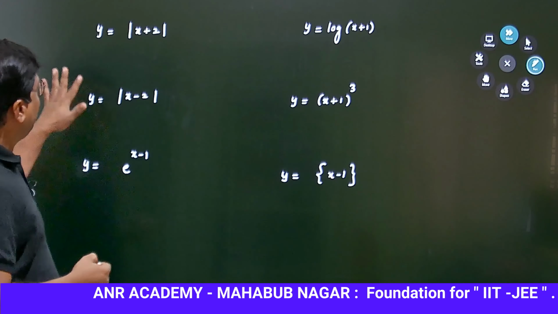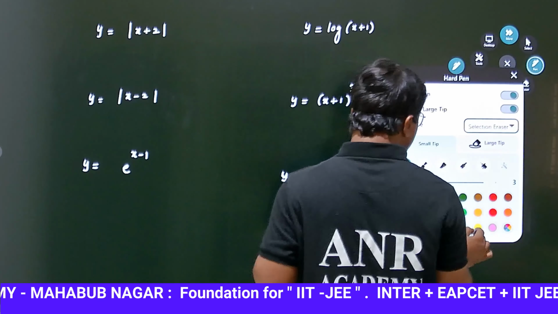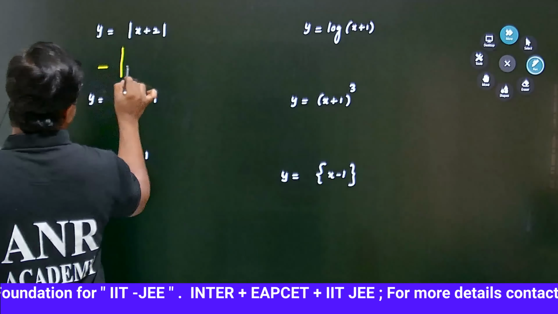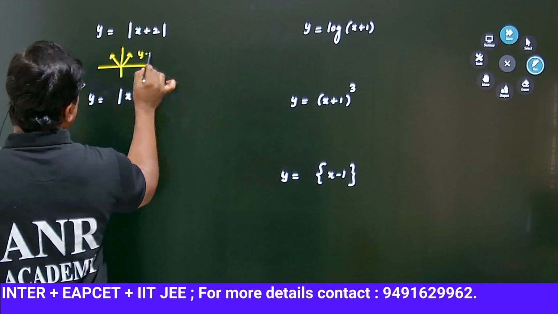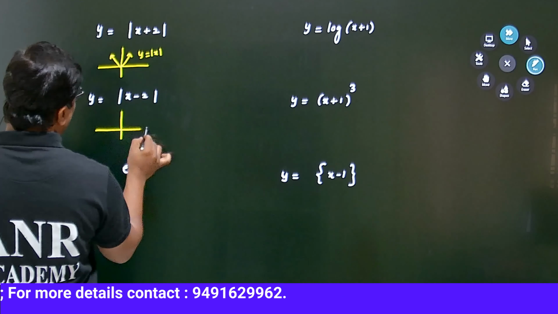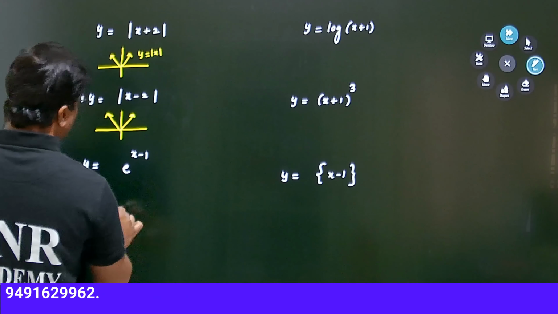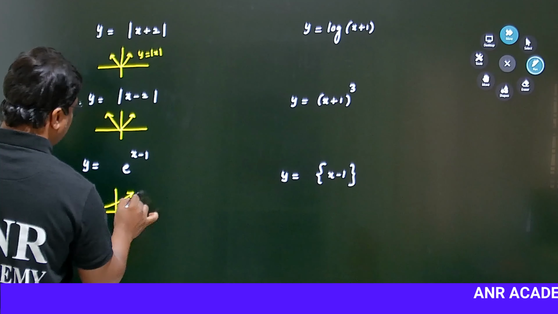We know that mod x graph is a U-shaped graph, sharp edge at origin. Usually this is the graph of mod x, right? From mod x you have to transfer to mod x minus 2. This is actually e power x.